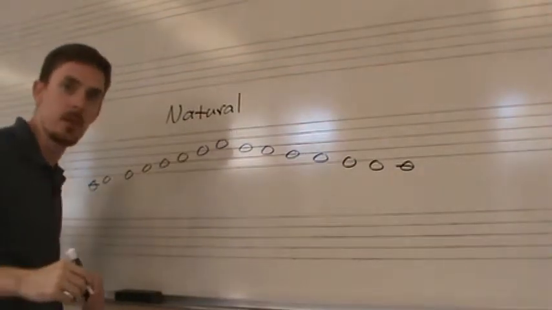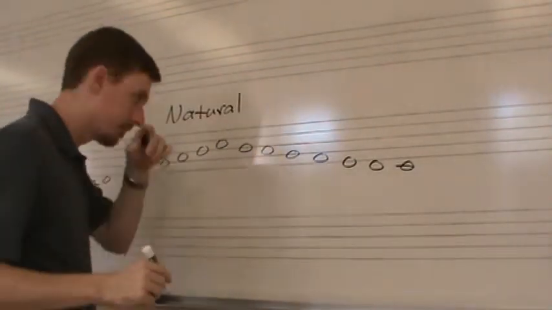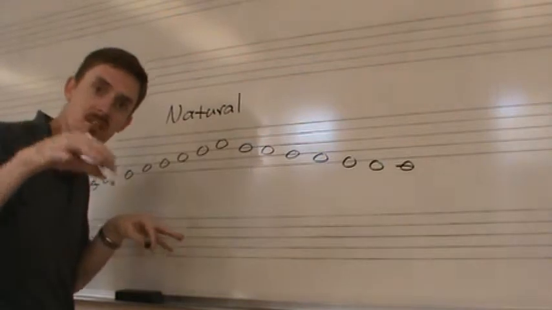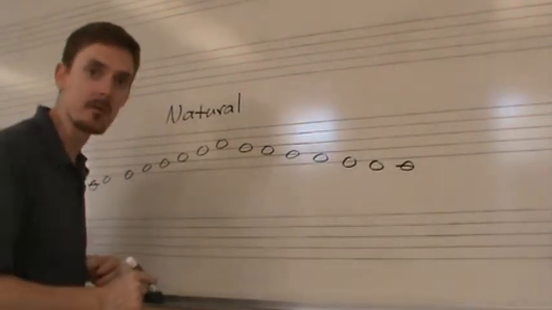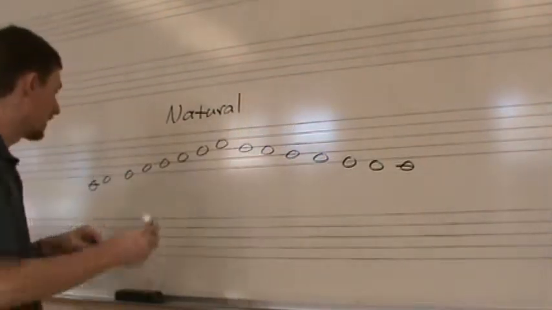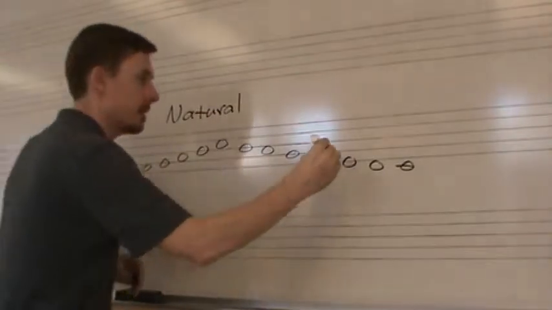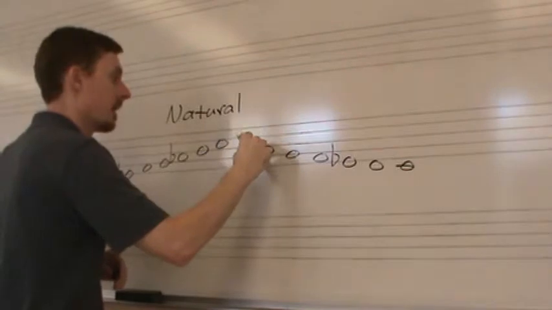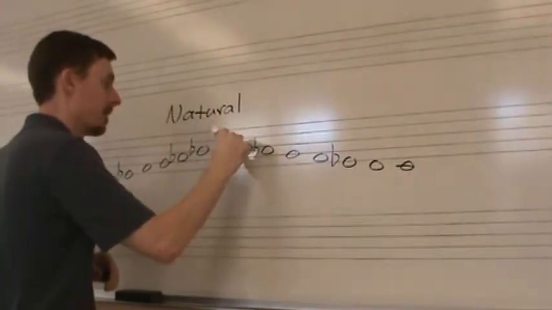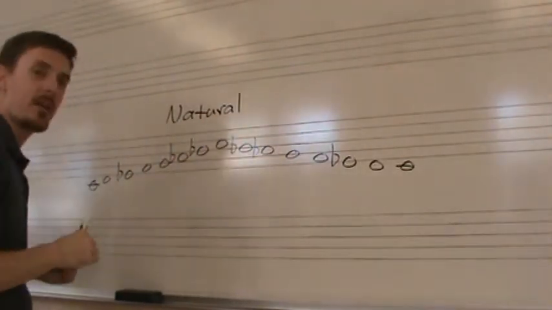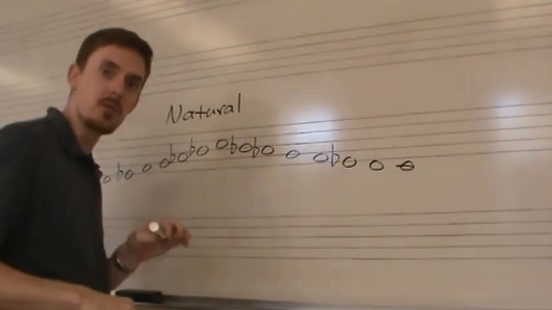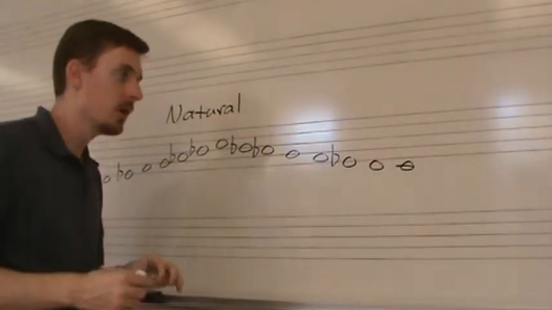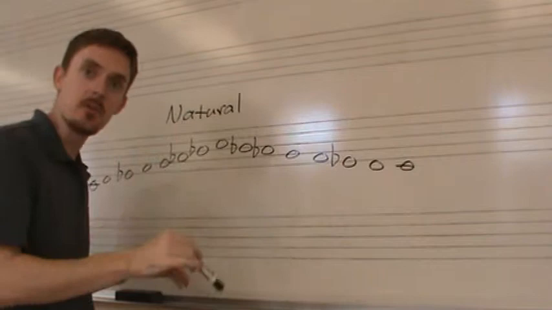Natural minor scale. To make something naturally minor, you need to lower everything that can be lowered to make it a minor scale. In this case, we need to lower the 3rd scale degree, the 6th scale degree, and the 7th scale degree. Now, what that is going to do to the solfege is you're going to have to use a different solfege syllable to indicate that you have changed the note, that you have lowered it.